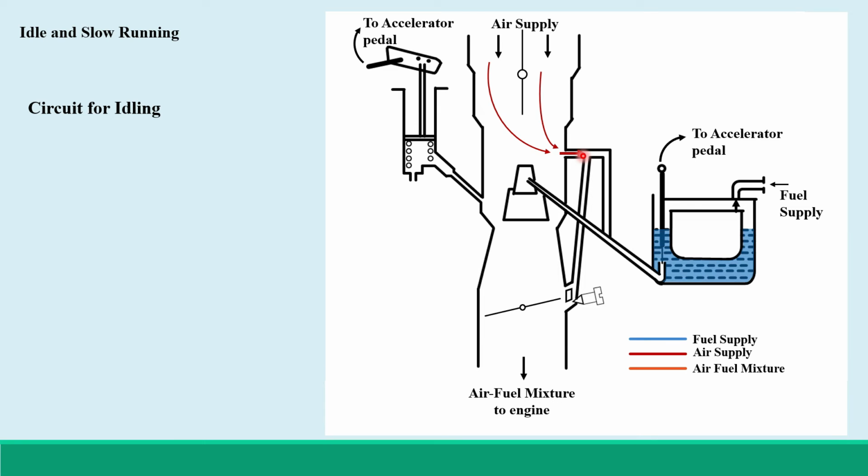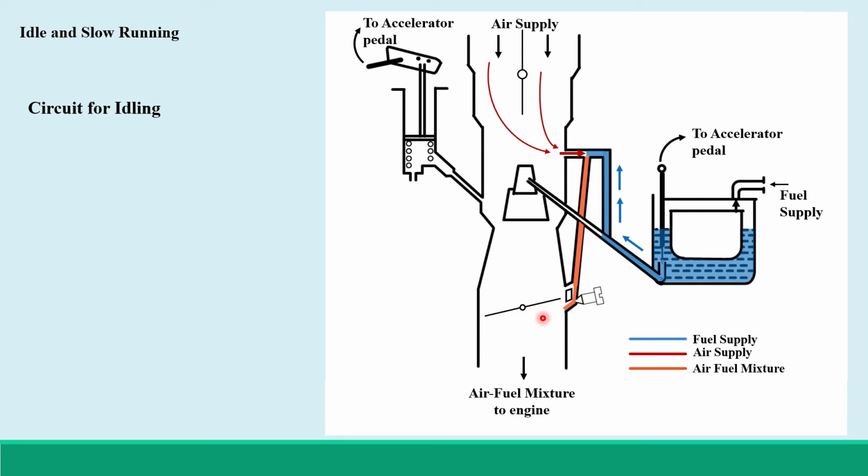From the float chamber, the fuel takes the low speed passage here and reaches up to this port here. So this is a jet which is low speed jet. There the air and fuel mixture gets mixed, forming a mixture, and from there traveling down to the idle port here, which is below the throttle valve.